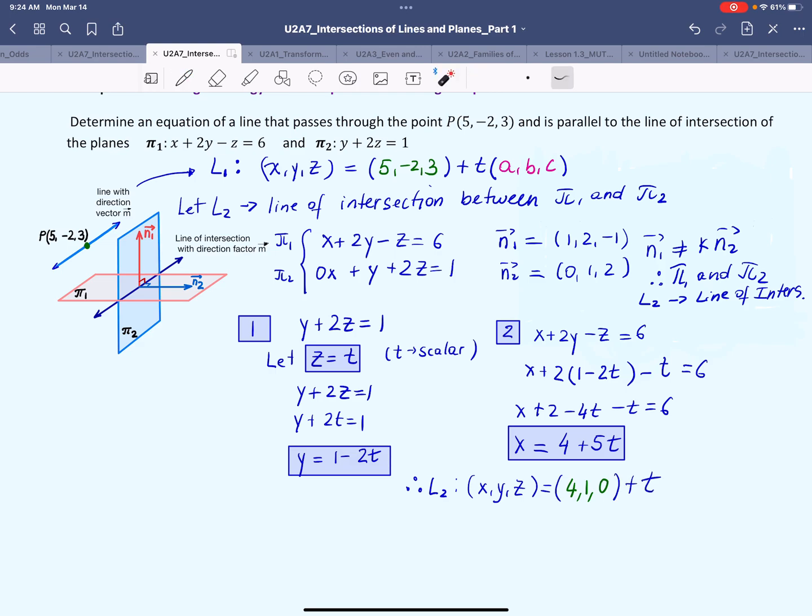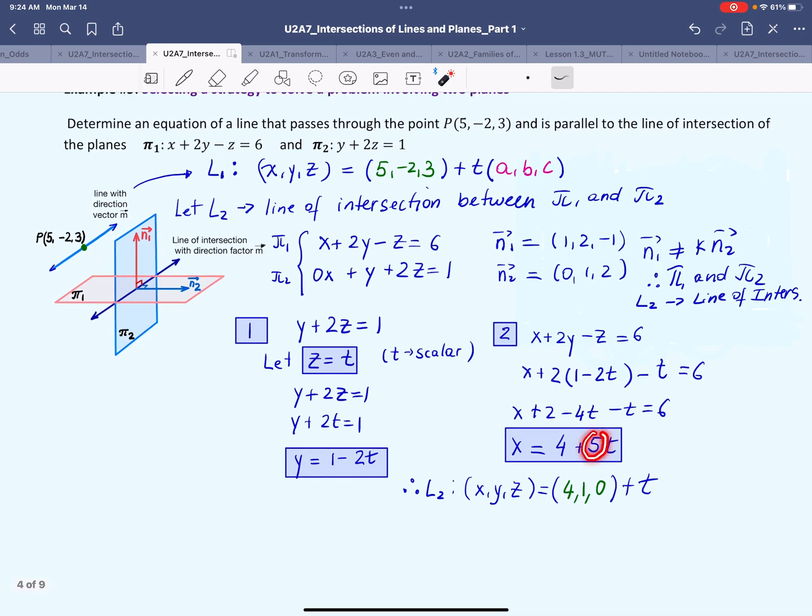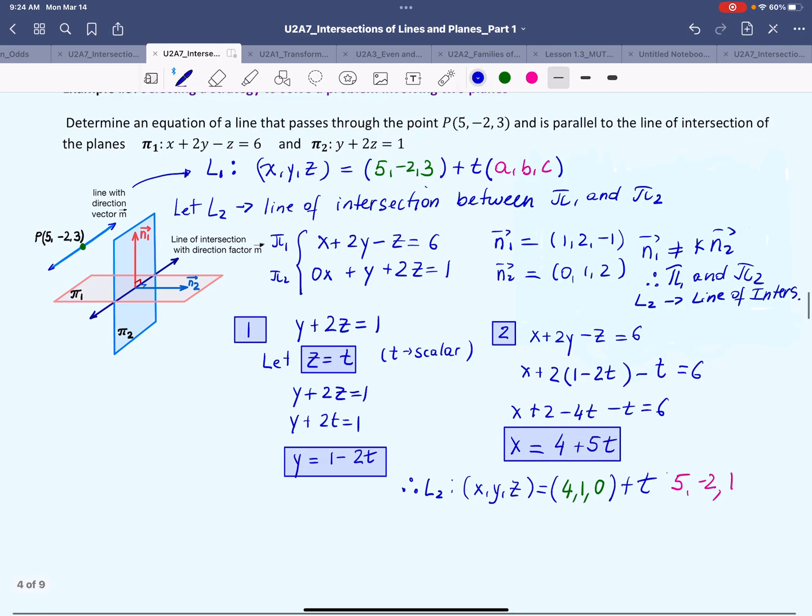And then for the x coordinate of the direction vector, we have 5. The y coordinate of the direction vector is negative 2. And the z coordinate for the direction vector is 1. So we'll say that the direction vector for line L2 will be m2 equals 5, negative 2, 1.